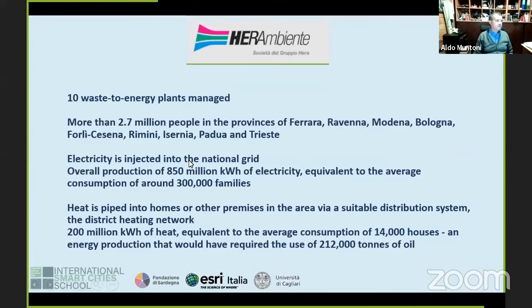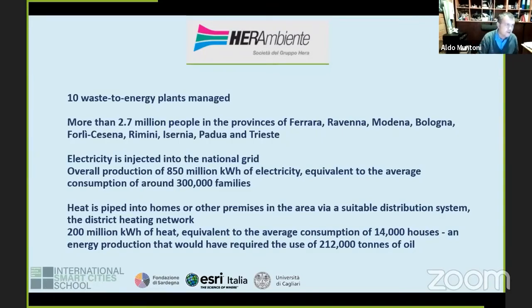And these are some data that I found on the website of Erambiente. Erambiente is the biggest municipal, no, I don't know in English, azienda municipalizzata. I don't know how to say it in English.